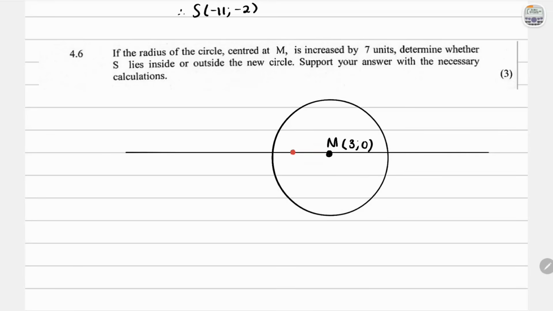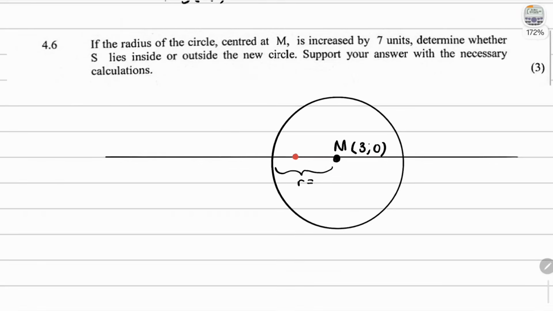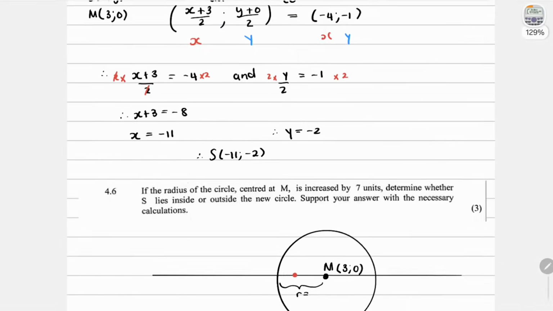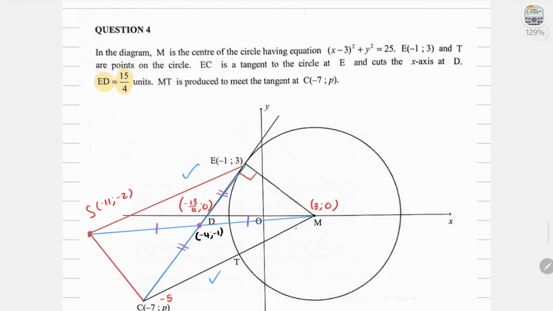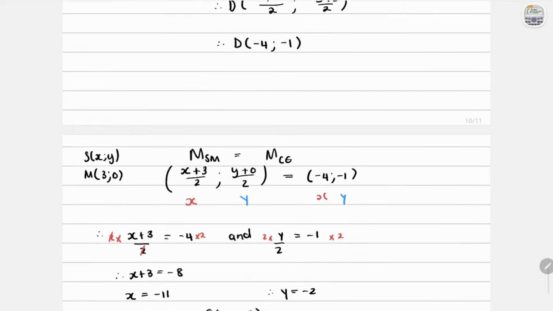How would we prove this? Well, for points that lie inside the circle, the distance from the center to the circumference, which is our radius, we would have to find that. So R is equal to, in this case, we don't have to overthink this. We already know what R is. That equation was (x minus 3) all squared plus y squared equals 25. So remember that that stands for R squared. So your radius is 5. Okay, so you already know what that radius is.